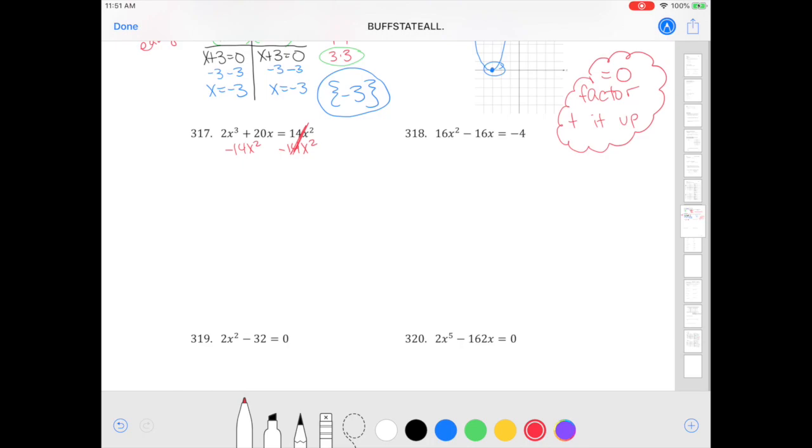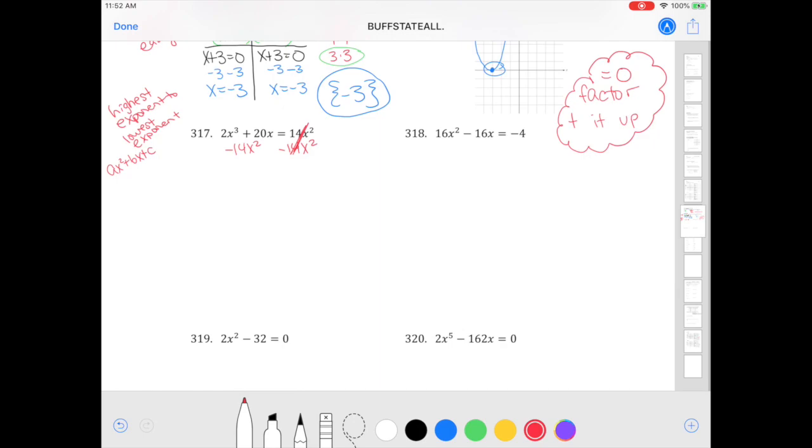When you bring it down, it has to be in standard form, which is highest exponent to lowest exponent. It's all about the setup to help you with factoring. It ultimately will end up being in ax squared plus bx plus c form, but for now I'm going to have a GCF.